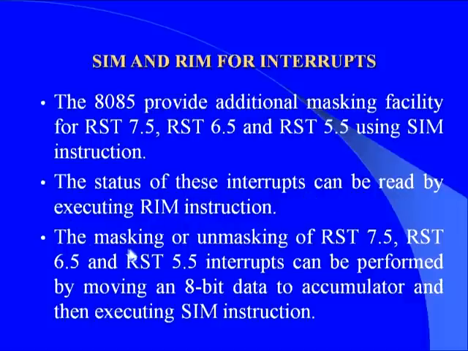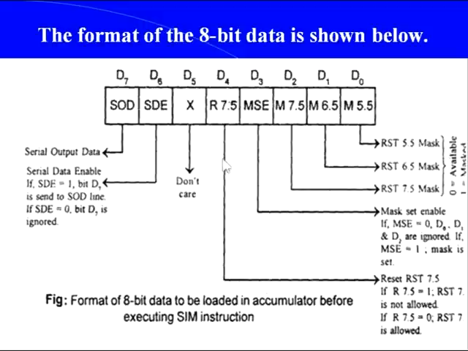The masking or unmasking of RST 7.5, RST 6.5 and RST 5.5. This is the format of the 8-bit data shown below. The MSB, bit D7, is SOD, serial out data. Bit D6 is known as SDE, serial data enable.